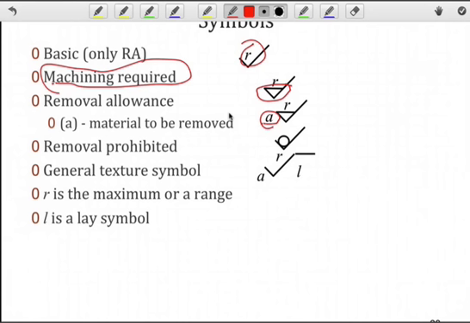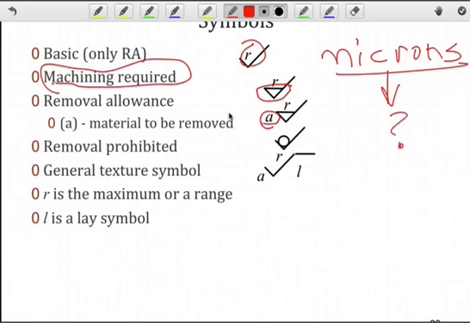And again, this is all in terms of microns. So we're talking about a very small unit here. And if you don't know what a micron is, that's something that you might want to look up. If you put a circle in there, then what you're saying is you can't remove material. And so you're going to have to use a different process than a machining process or a grinding process.